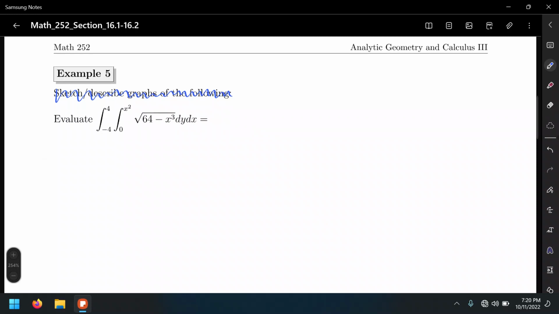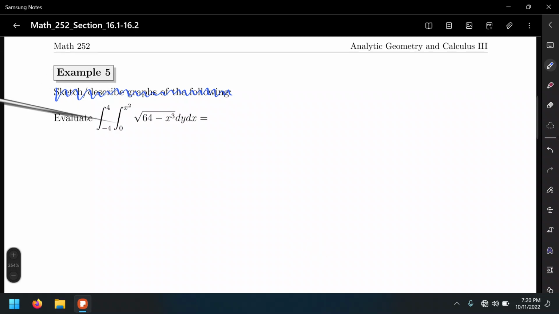In this case, all we're doing is integrating the innermost integral, and that radical is just constant with respect to y. It's like integrating 5 dy. See what I'm saying? The integral of 5 dy is just 5y. Well, it's not 5, it's this crazy looking radical.